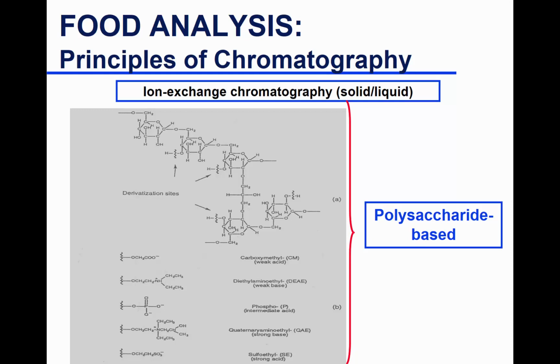That means a molecule is attached to it that is either a weak acid or a weak base, carrying a positive charge, and the weak acid carrying a negative charge, an intermediate acid like the phosphate here, a very strong base, or a really strong acid. Okay, so the groups can be either weak acid, weak base, intermediate acid, strong base, strong acid.